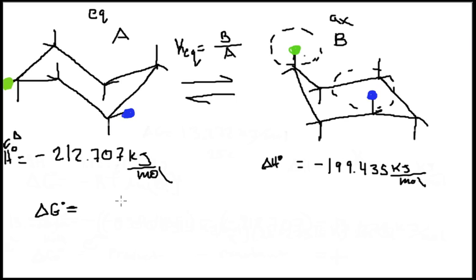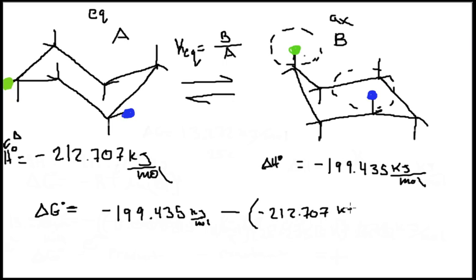So B has an energy of minus 199.435 kilojoules per mole, and we subtract away the energy from the reactant, 212.707 kilojoules per mole. So we just took our product's energy, delta H product minus delta H reactant.